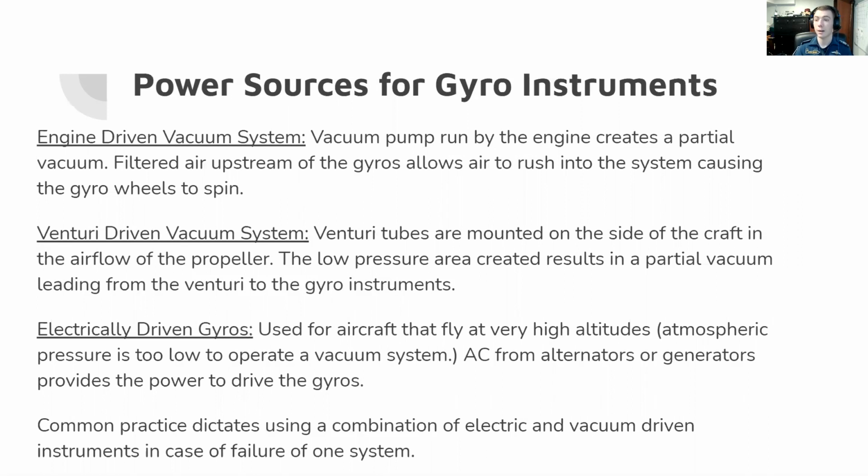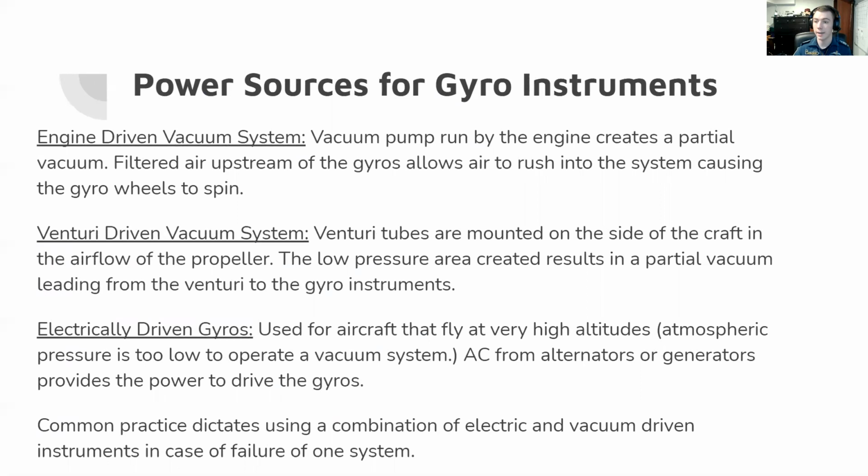Venturi tubes are excellent tools to help create a vacuum. So they take advantage of the airflow of the propeller with that low pressure area to create another partial vacuum, and that does the same thing with the airflow in order to propel those gyroscopic instruments.